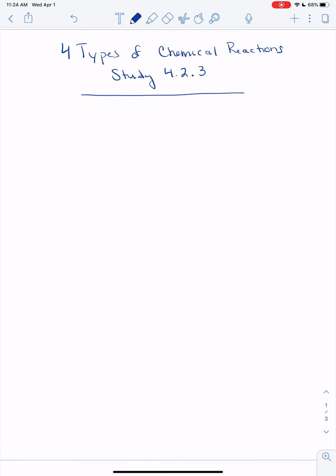So there's 4 types of chemical reactions that we're going to be looking at, and the first one we're going to deal with is a synthesis reaction. Okay, and the general equation for a synthesis is going to be A plus B gives you AB plus energy.